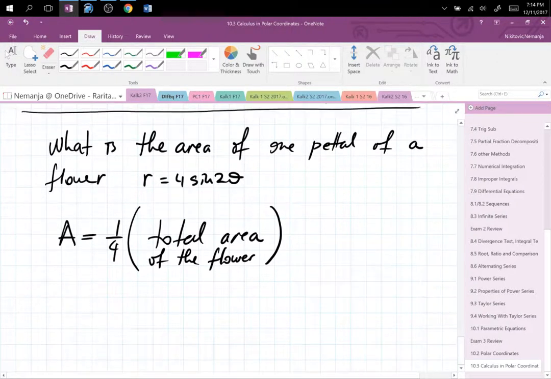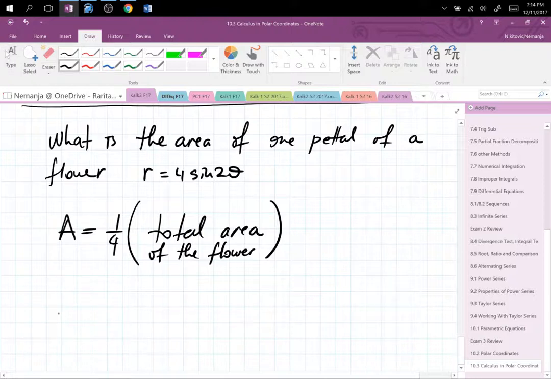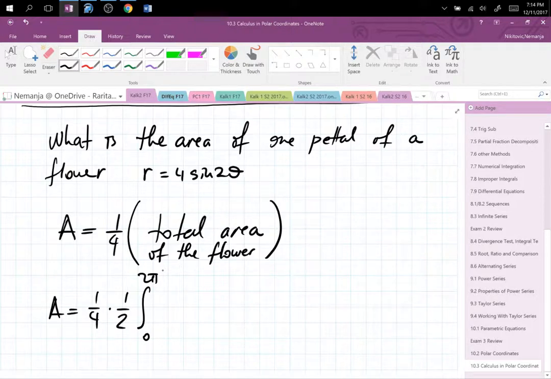Now, we know the formula for area, so the area that we are looking for is 1/4 times 1/2 integral from 0 to 2 pi, which calculates the area of the entire shape. 0 to 2 pi is supposed to trace the entire shape of the flower, or the circle, or cardioid, or whatever else.